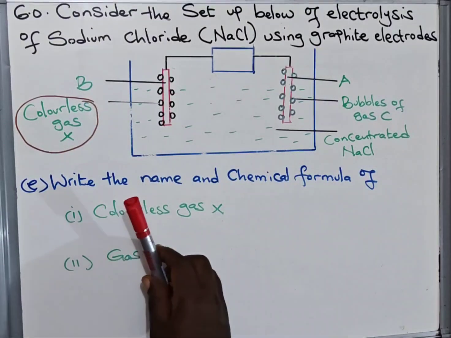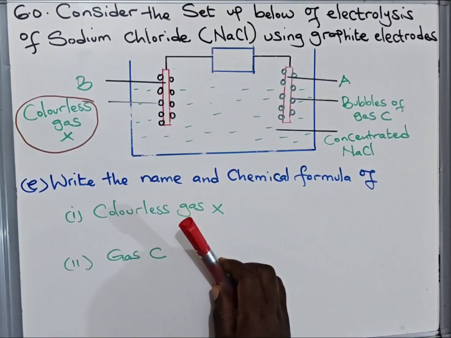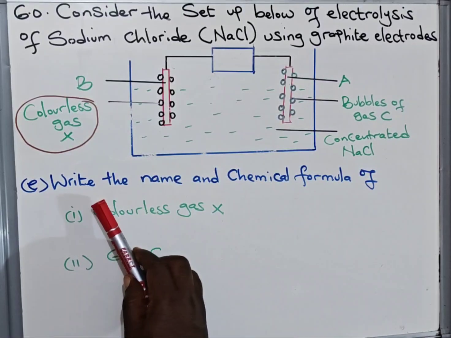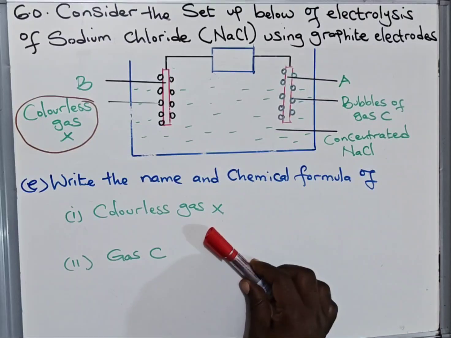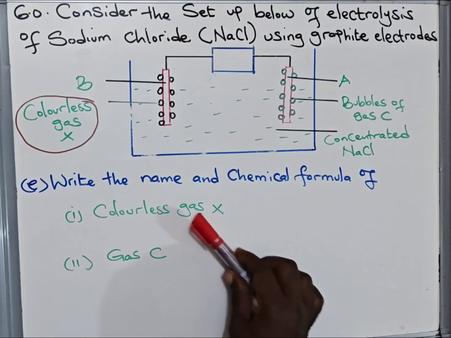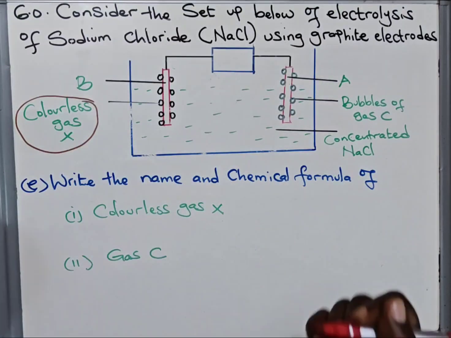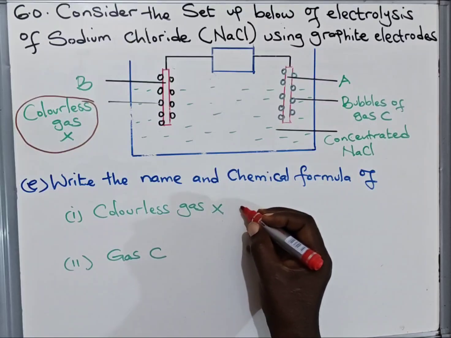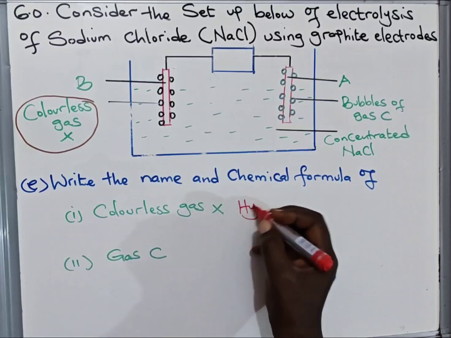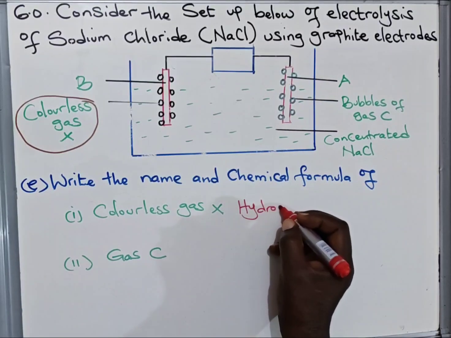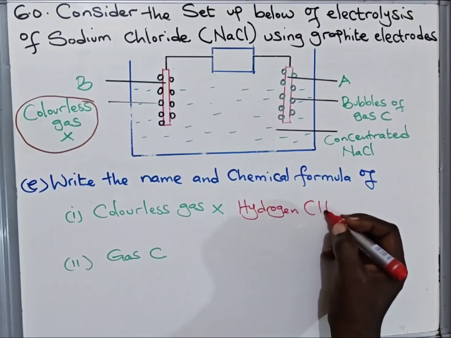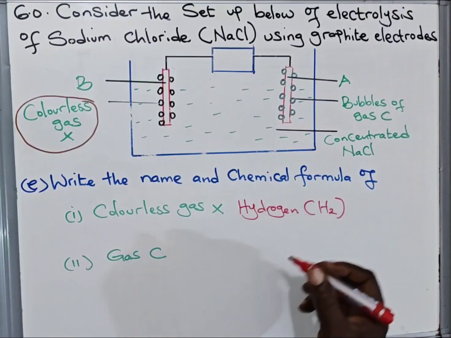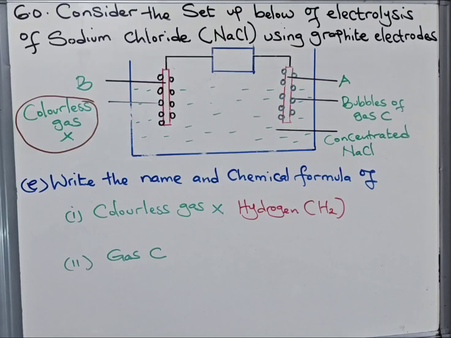Then we come to this question. It says, write the name and the chemical formula of colorless gas X. What is it? We say it's hydrogen. That's the name. And the formula is H2. It is a diatomic molecule.